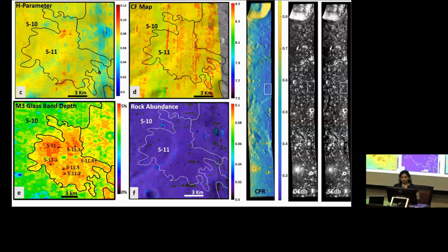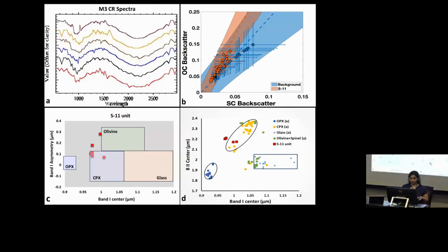The H parameter value shows a moderate range, like 0.06 to 0.8. The S11 unit shows a higher CF map value, higher glass band depth parameter, lower rock abundance, and higher CPR value, which indicates a darker, smoother, and finer material for this region.